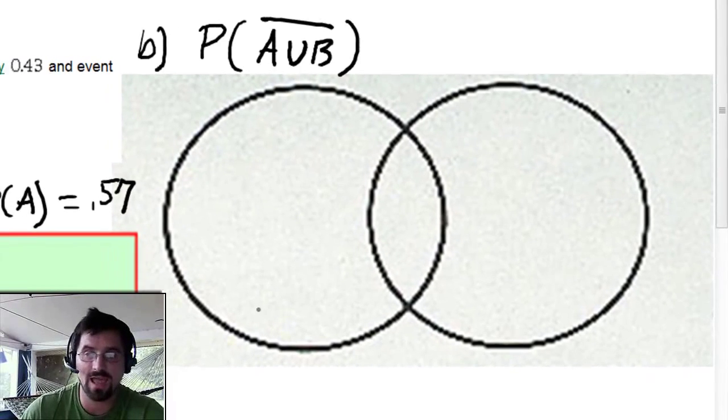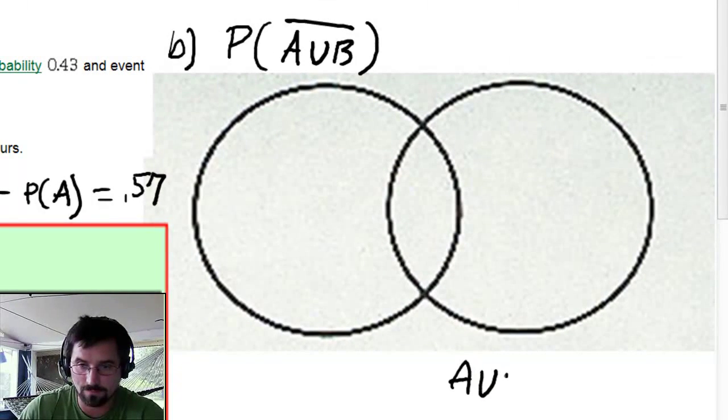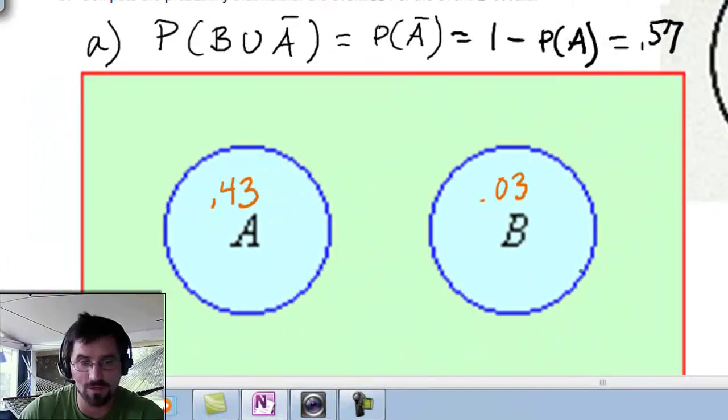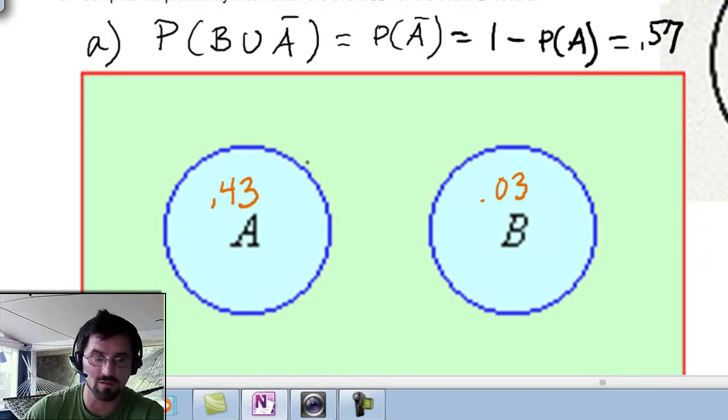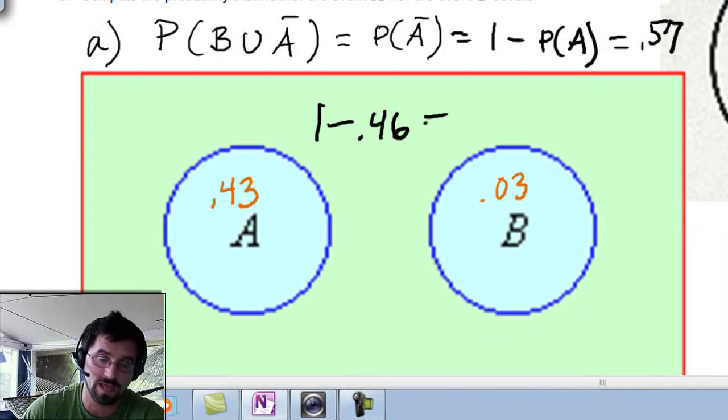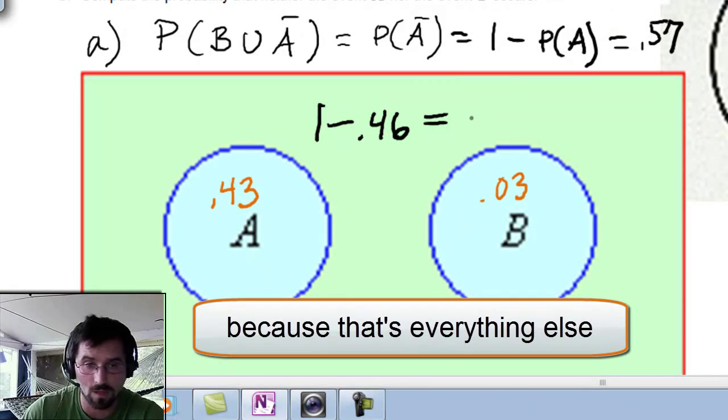When we're doing not A or B, that's the region outside. That's region 4. So all I have to do here is figure out what region 4 is. Well, if I take 0.43 and 0.03, that's 0.46. If I go 1 minus 0.46, I get my answer. And I'll show this to you formulaically in a moment, but that's 0.54.